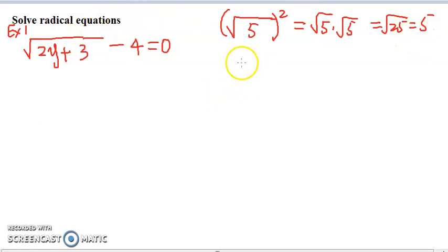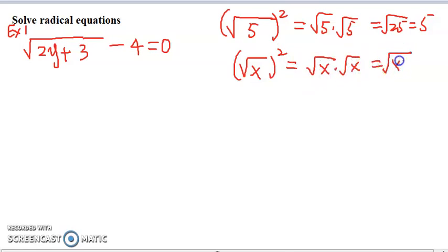So that gives us the idea. If I square anything, let's just put an x there, when we square it, that's going to give us square root of x times square root of x. And that is the square root of x times x. Both x are under the radical sign. We can multiply them, and two copies come out to get x.